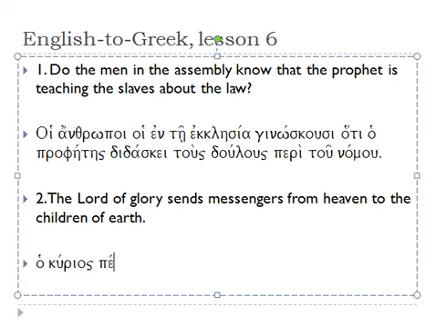We want the third singular, so that becomes pempei. Messenger, angelos. Messengers, accusative plural, angelous. Now, it's not just the Lord, but it's the Lord of glory. Of glory, looks like in Greek we'd handle that with a noun, glory, in the genitive case. The Lord of glory: tes doxes.